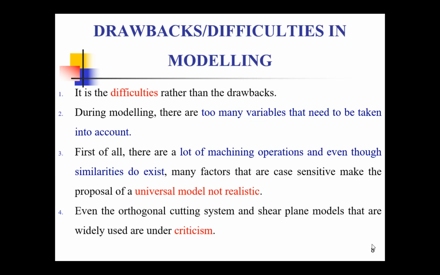These two models we will normally be considering, but they are under criticism, because the orthogonal cutting system is easy to adapt, whereas the oblique is a little bit complex in nature. So we are going to adapt the easiest one. That is a criticism that we will be having.